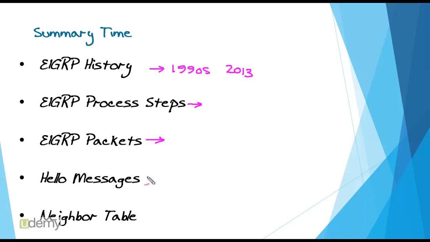We saw that hello messages are sent periodically based on the hello interval, and if no hello packets arrive inside the hold time or hold interval, the neighbor state goes down and routers delete the related entry in their neighbor table. We saw that if 4 parameters, which were AS number, the IP subnet of interfaces, authentication if used, and K values, are the same, the neighborship relation is formed and 2 routers become neighbors. And finally, we saw a typical neighbor table.